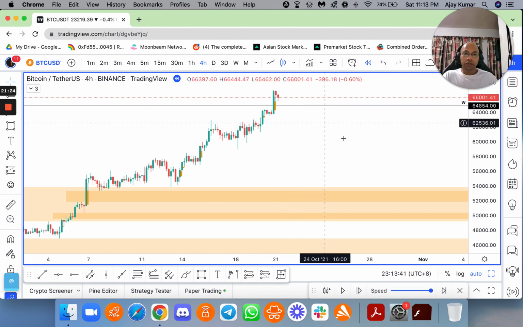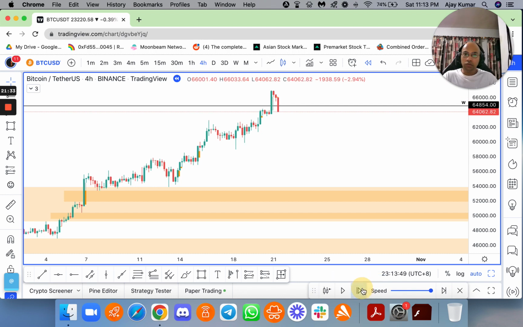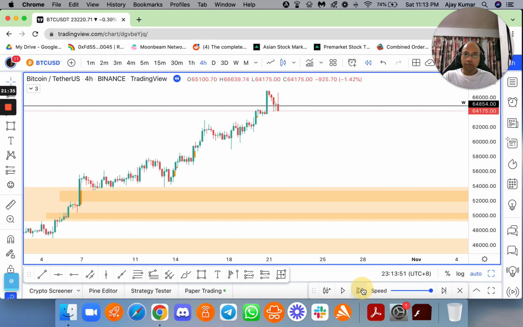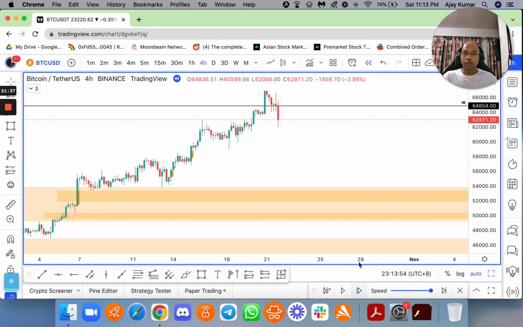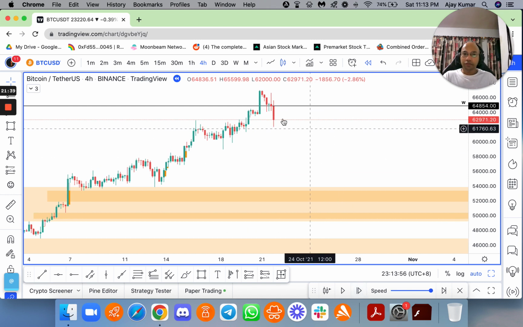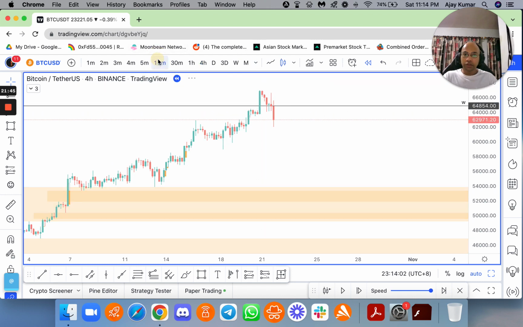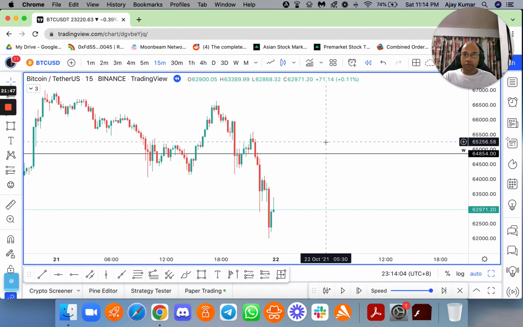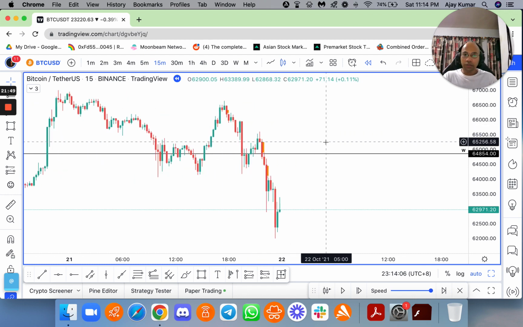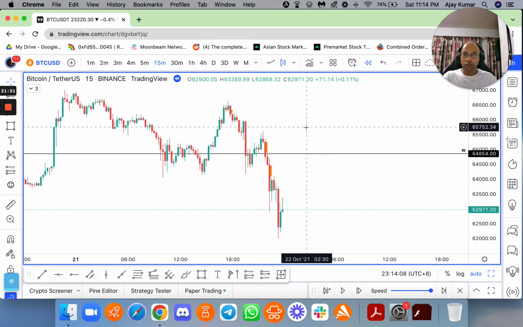So I'm not just going to enter my shots at this point. Price might want to go up further. Price breached this low. Okay, not according to that strategy, but yeah, we could enter a shot.